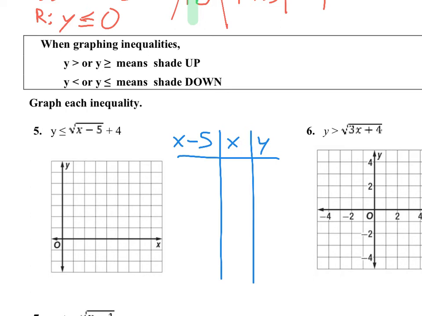So we want x minus 5 to be a perfect square. So basically, to solve for x, you just do the opposite of what it says here. So that says minus 5, so I'm going to add 5 to all of the numbers in my first column.